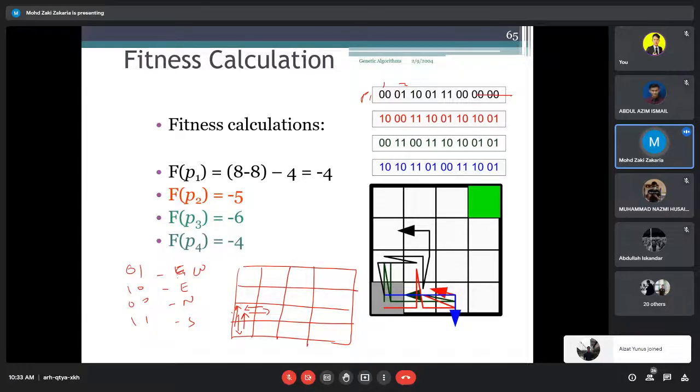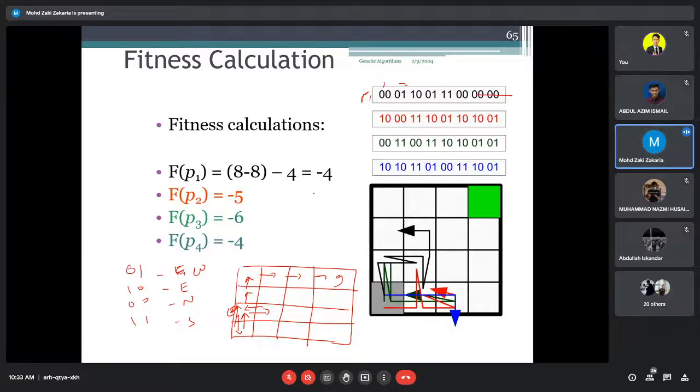So the end point is here. This is the end point, this is our goal. So to reach the goal, how many movements should we have? First, second, third, fourth, and last, 5.